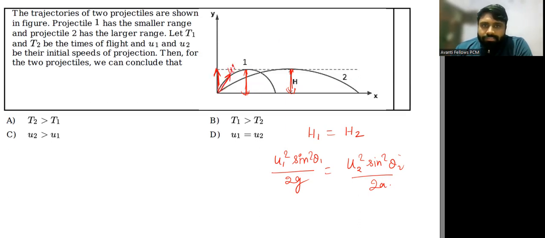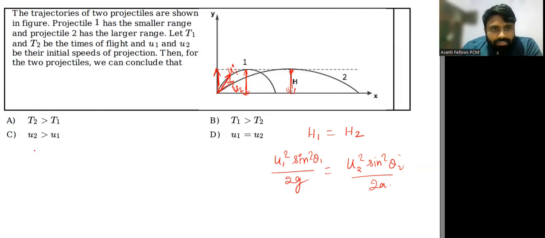If the velocity of 1 is U1 and the velocity of 2 is U2, these are the vertical components of 1 and 2. Now you will see that the vertical velocities are the same, but their ranges are different.